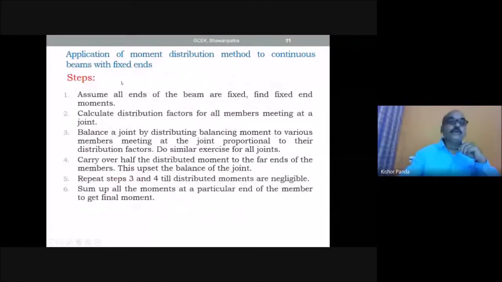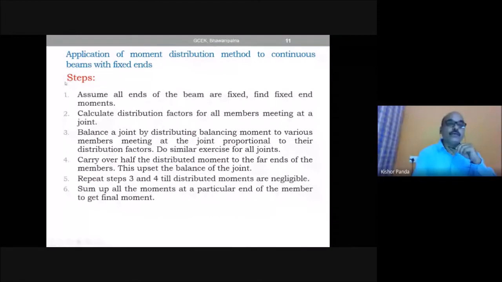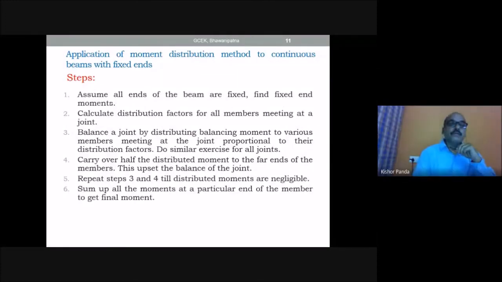Then first we will start the application of the moment distribution method to continuous beams with fixed ends. What are the different steps? When you solve a continuous beam with fixed ends, you have to follow these steps. The first step is to assume all ends of the beam are fixed and find the fixed end moments.